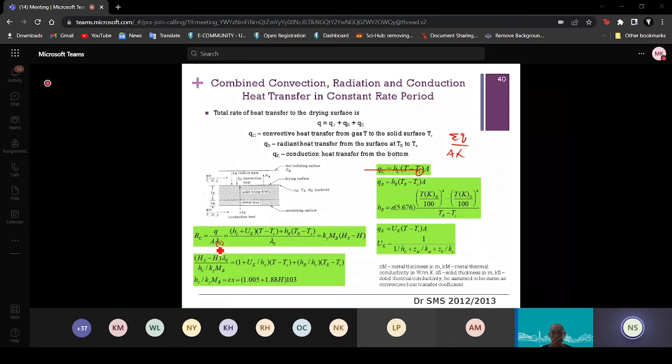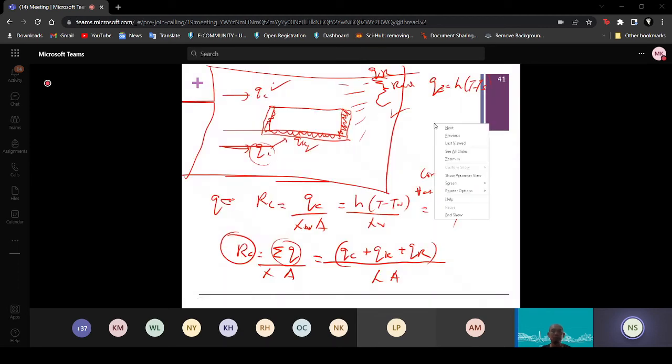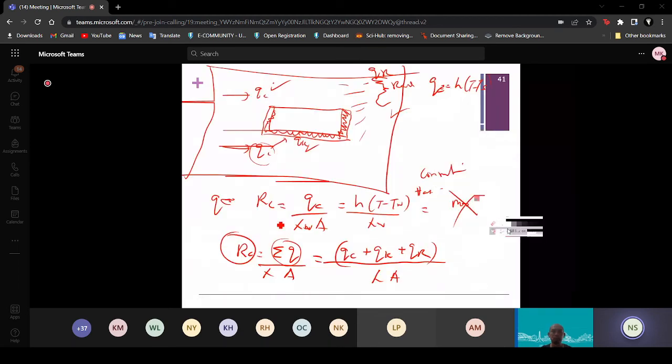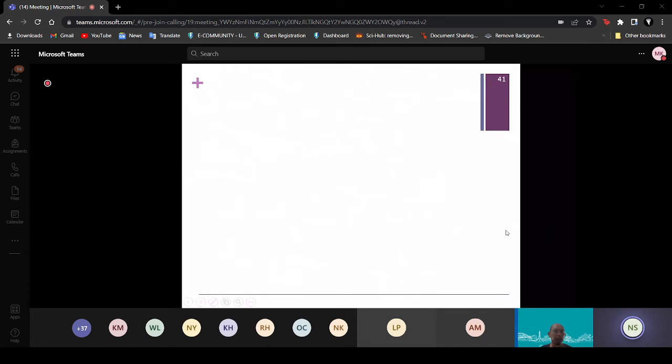So you take the summation of Q: RC is equal to the summation of Q over A latent heat at the surface, which is QC plus QK plus QR over A latent heat S.